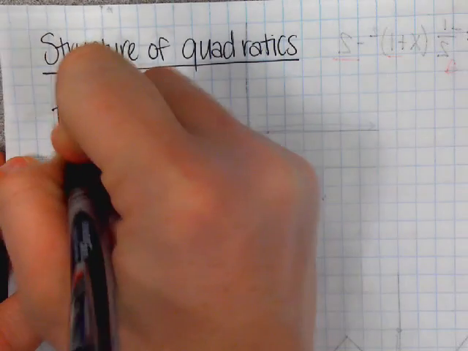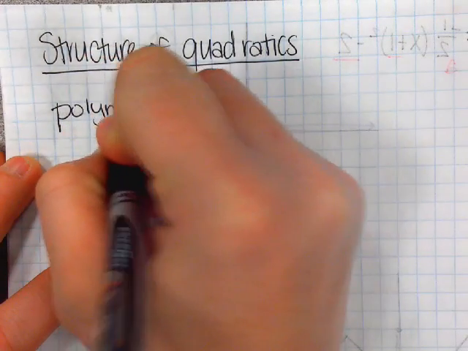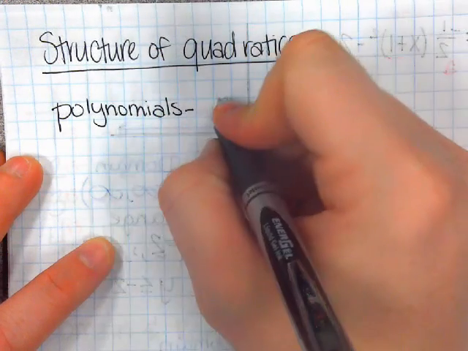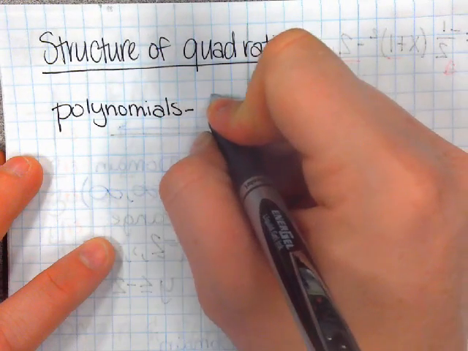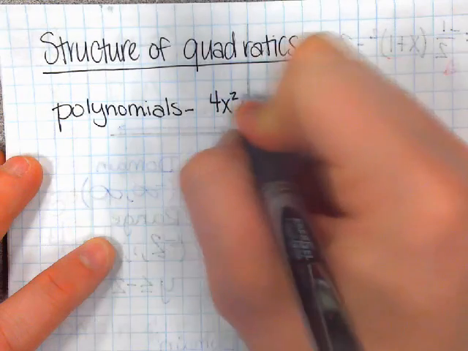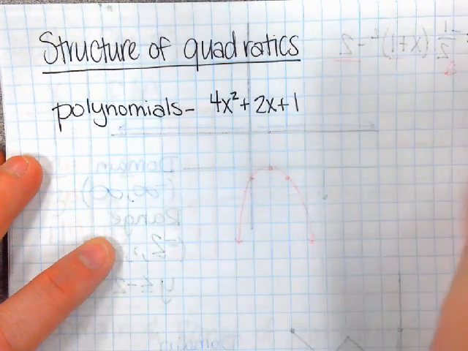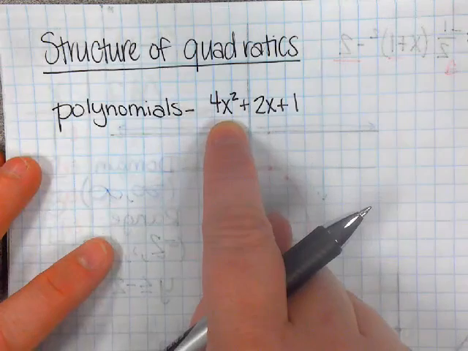So a quadratic is made up of polynomials, and it could look like 4x squared plus 2x plus 1. Remember that x squared makes it a quadratic.